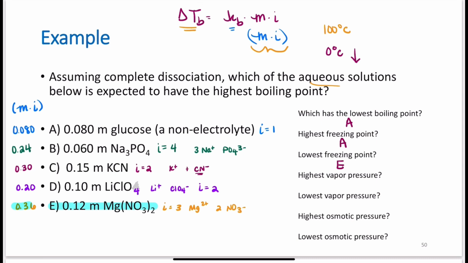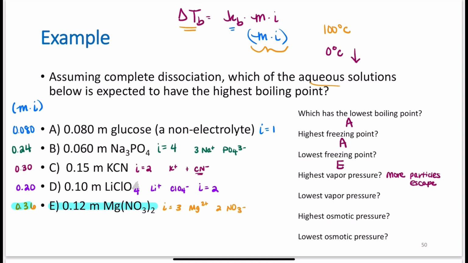Vapor pressure goes along with boiling point. Remember, vapor pressure or boiling point is due to vapor pressure. So the higher the vapor pressure means more particles can escape, causing a higher vapor pressure.